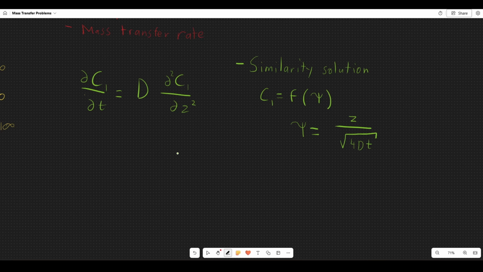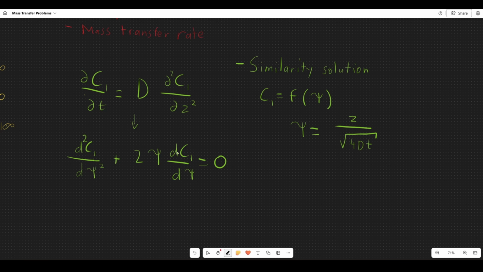And so using chain rule, we can now rewrite this as d squared c1 by d psi squared plus 2 psi dc1 by d psi equals 0, right?